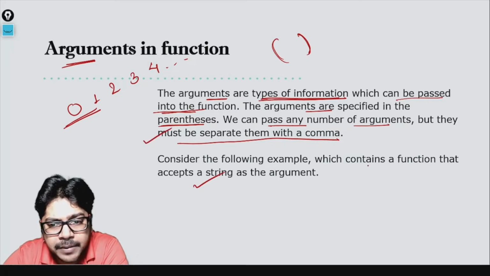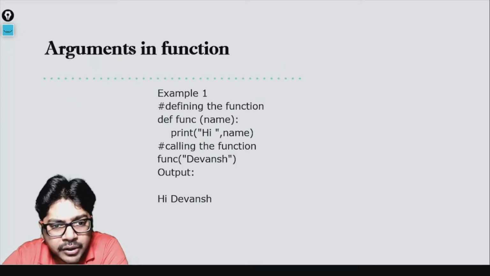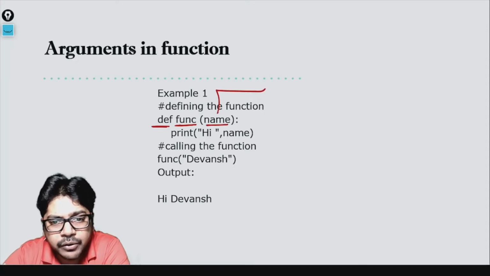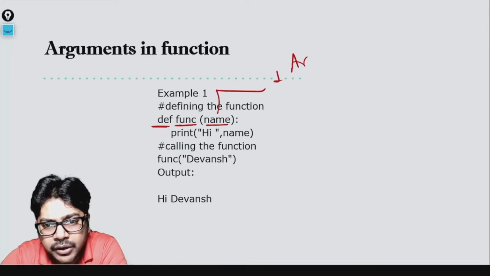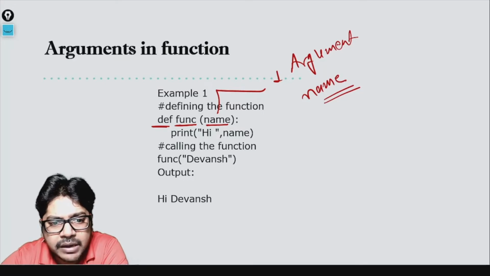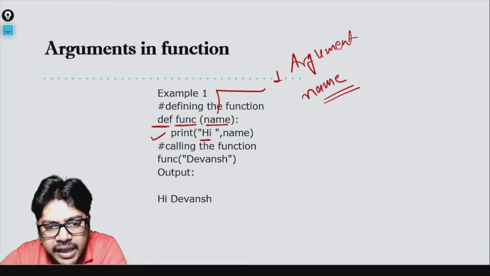Let's take this example which contains a function that accepts a string as an argument. Here we have created a function called func using the def keyword. Then we have one argument. How many arguments? One argument. What is the name of the argument? The name of the argument is name itself. What we are doing with that argument is printing it with a hi message: hi and then name.